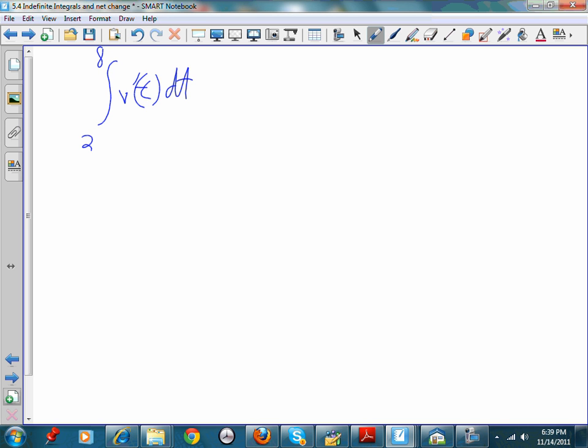Well, first of all, the units here would be meters per second squared, times seconds. So really I'm adding up meters per second.